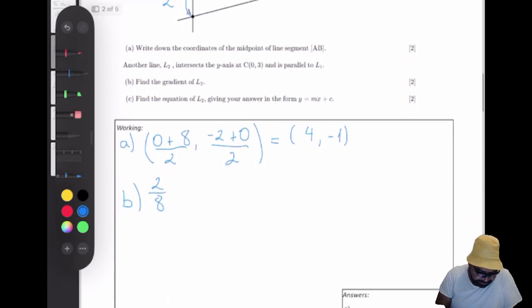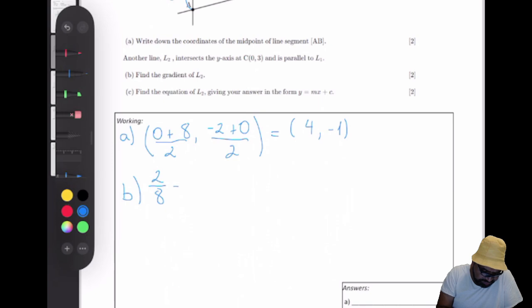Everybody okay here? 2/8, simplify this fraction, 1/4. You can also use the slope formula. We work the same thing. Slope formula: the difference between the y's divided by the difference between the x's, y2 minus y1 over x2 minus x1. I will find the same 1/4.